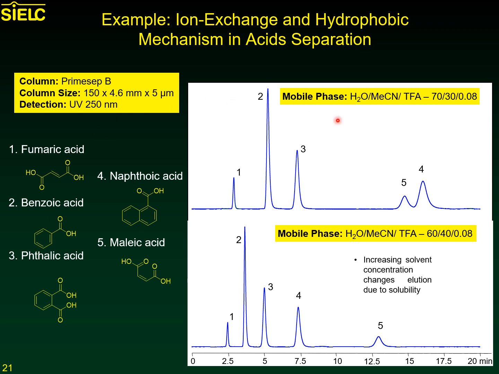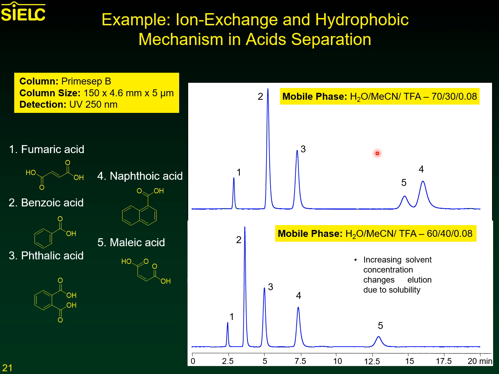If one were to perform this separation using a mobile phase that is 30% acetonitrile in water using a TFA buffer, they would find that they could separate out these compounds reasonably well. However, there would be somewhat poorer elution of the compounds naphthoic acid and maleic acid.